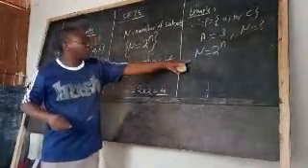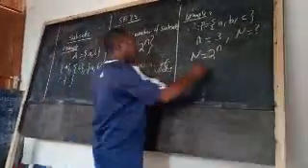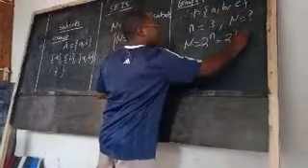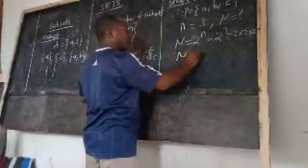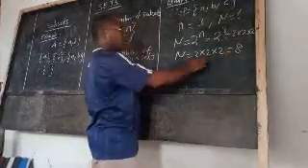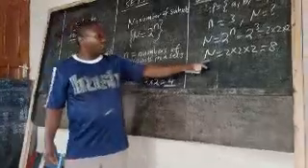Capital N is equal to 2 power small n. So substitute: 2 power n, put 3. It will be 2 times 2 times 2. N is equal to 2 times 2 times 2, which is equal to 8. 2 times 2 gets 4. Then 4 times 2, we have 8 subsets.